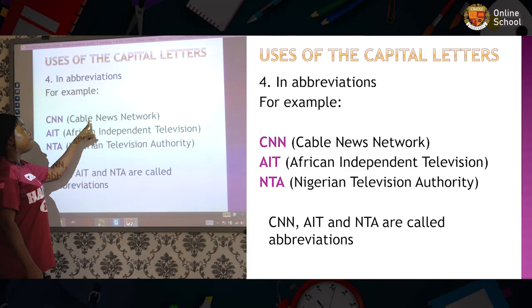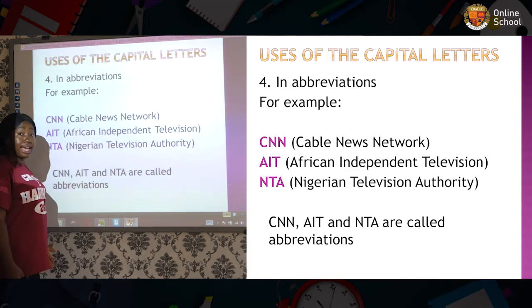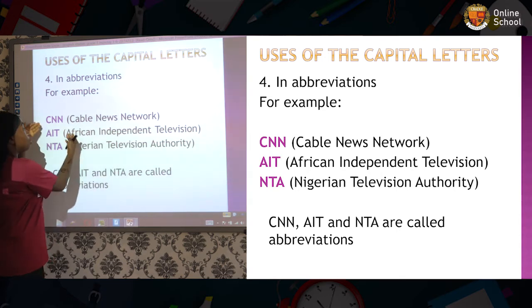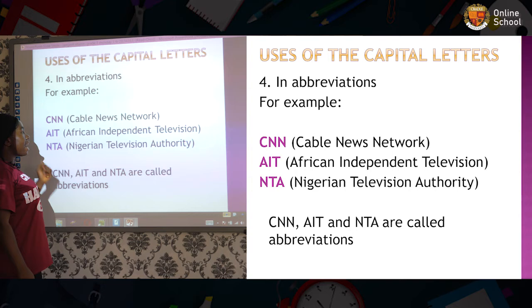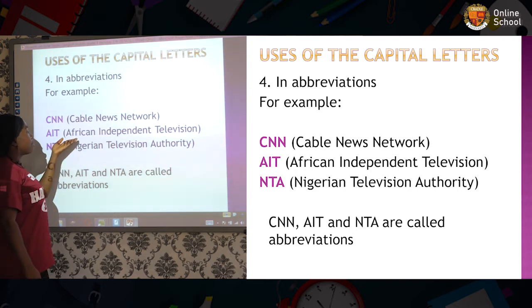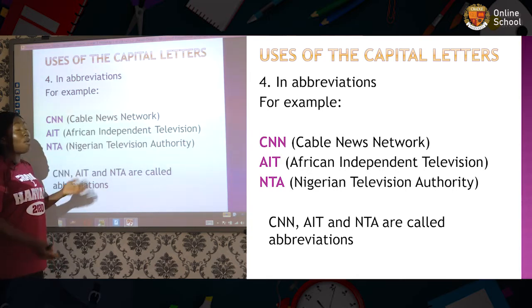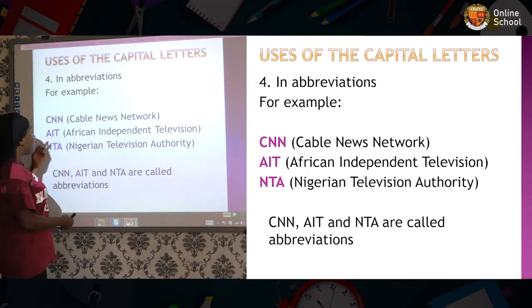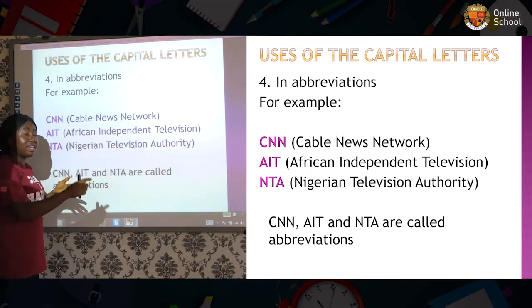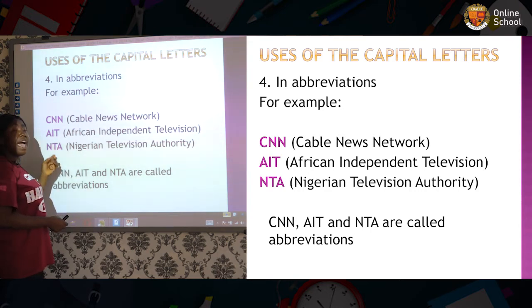CNN stands for Cable News Network. That's really the name, but because we don't want it to be too long, we use capital letters to abbreviate it. Just like AIT, which means African Independent Television. Because we don't want to write it all, we write it in capital letters. Also, NTA.